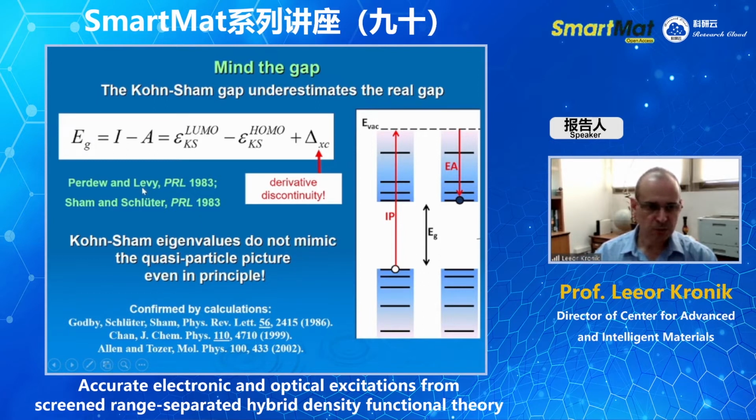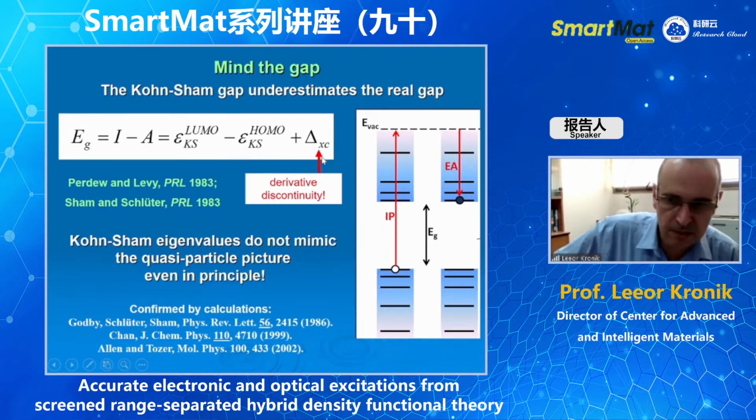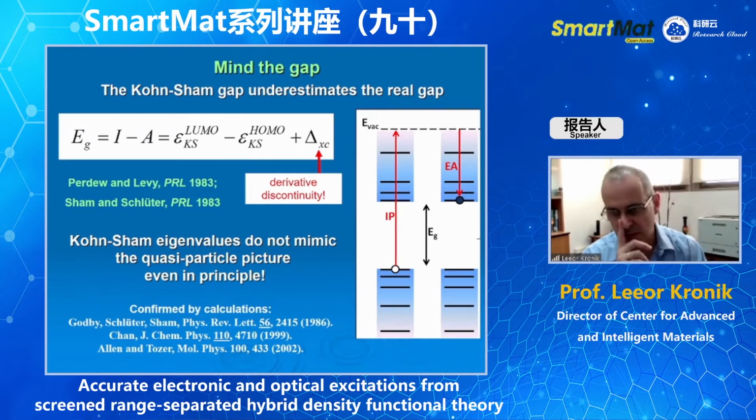There have been two papers already back in 1983 that showed that even if we had the exact functional, the HOMO-LUMO gap is not the same as the fundamental gap because they differ by some quantity known as the derivative discontinuity, delta XC, that I will explain more about in a couple of slides.